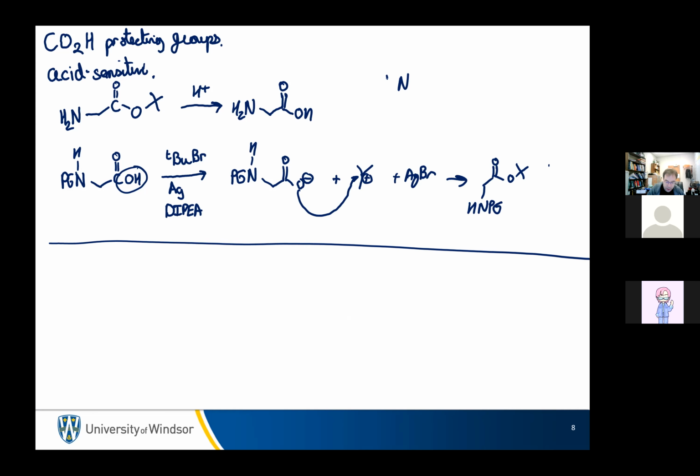I'm just going to draw it over here, because there's nothing we love more than abbreviating things. Little t-butyl for tert-butyl. Or you can draw it out, because I think it takes probably fewer pen strokes to draw it out than to abbreviate it, but we just like abbreviating things.